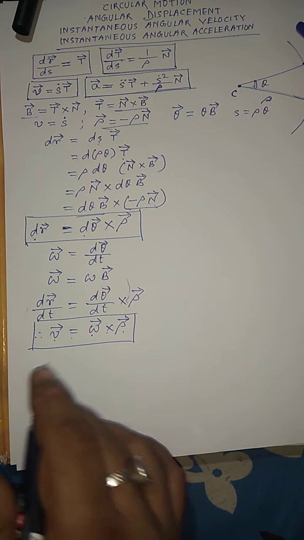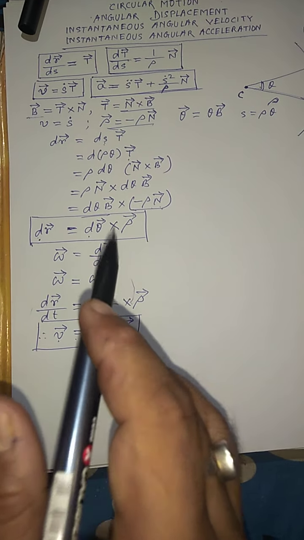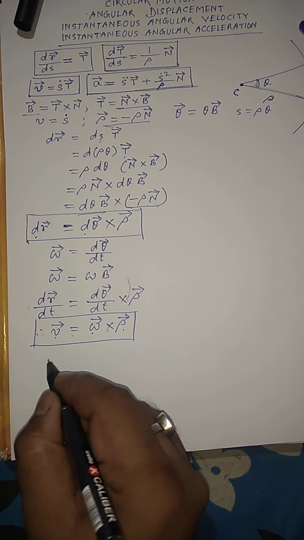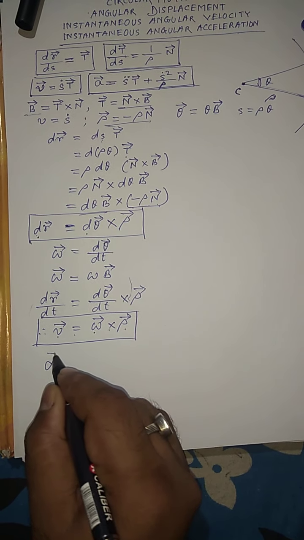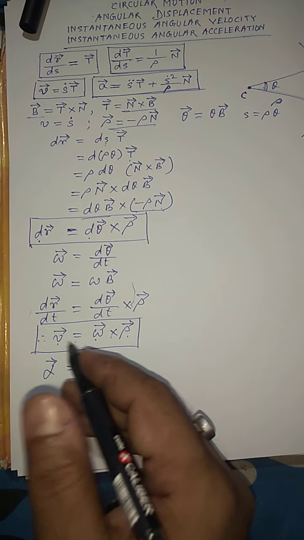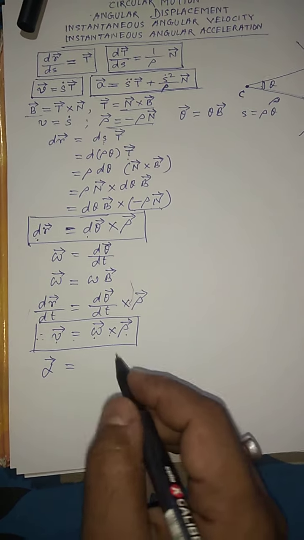Now let's find the definition of instantaneous angular acceleration, and it's given by vector alpha is equal to the instantaneous rate of change of the angular velocity with respect to time.